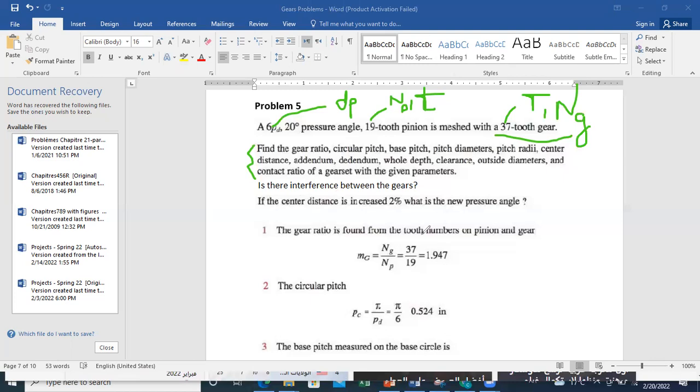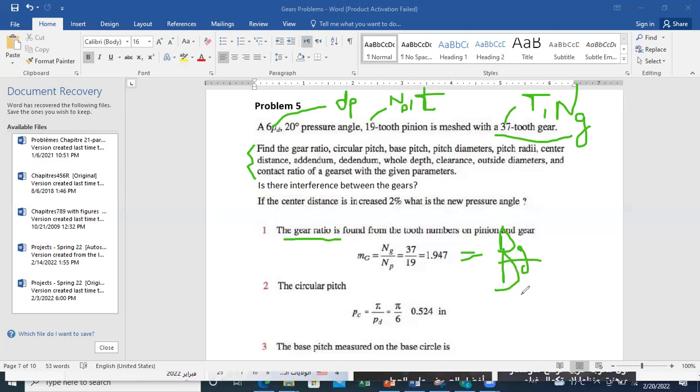Now, to start with, knowing this, we can get all of the other parameters, because if you remember, first, the gear ratio is equal to the ratio of the teeth number of the gear on the teeth number of the pinion, because this is equal also to the pitch diameter of the gear over the pitch diameter of the pinion.